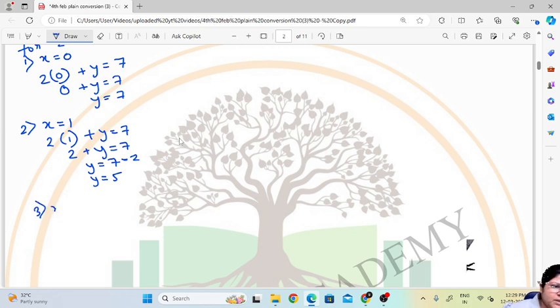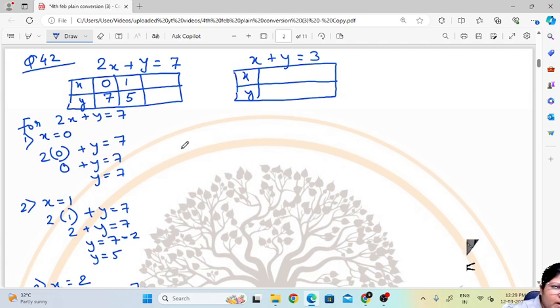Third one, x equals 2. Okay, 2 times 2 plus y equals 7. So 4 plus y equals 7. So y equals 7 minus 4, y equals 3. So when x is 2, y is 3.